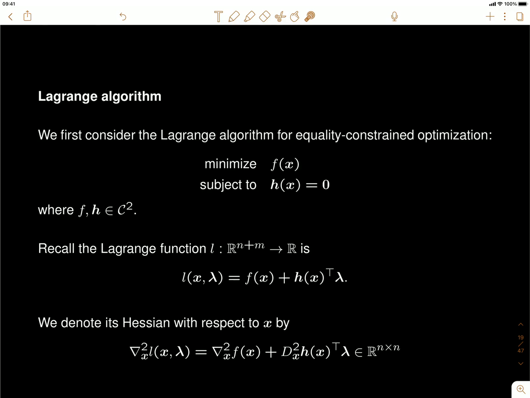So that's the special case for the projected gradient method. In general, we have a function f to minimize over the set omega.